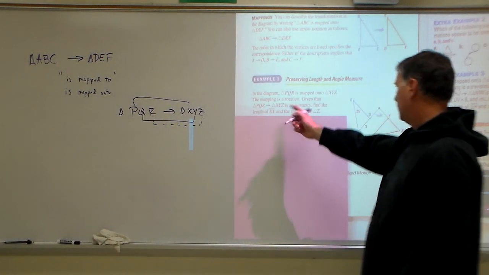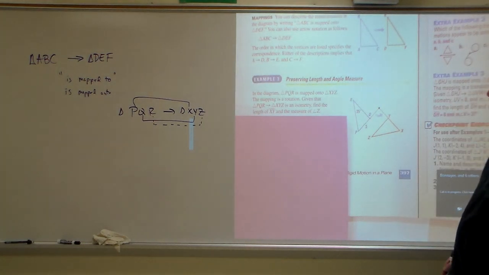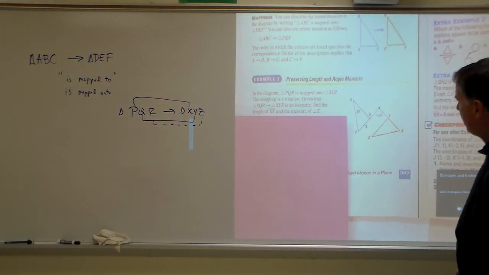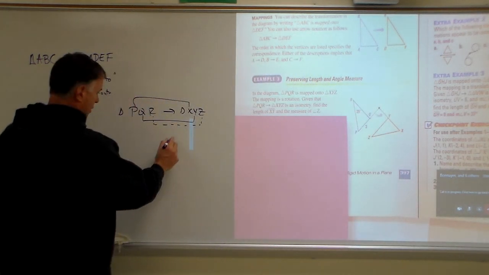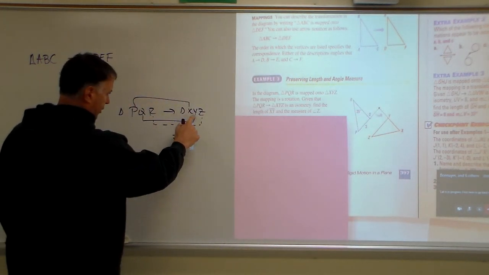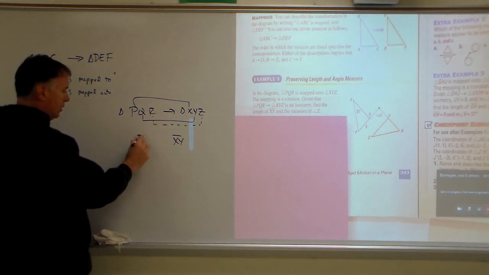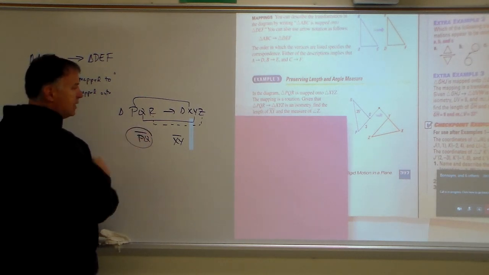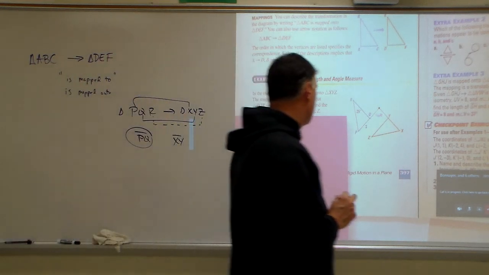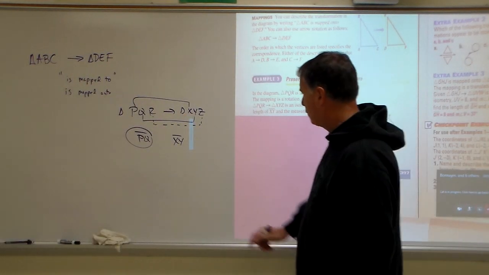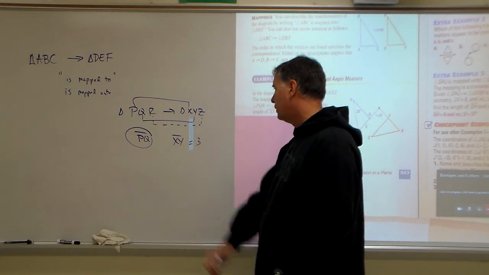Given that it's an isometry, find the length of XY and the measure of angle Z. So let's look. XY, what does it match? XY over here, that's first and second, matches PQ. So if I can find out what PQ is, then I can say what XY is. PQ over here is 3, so that means that XY has got to be 3.